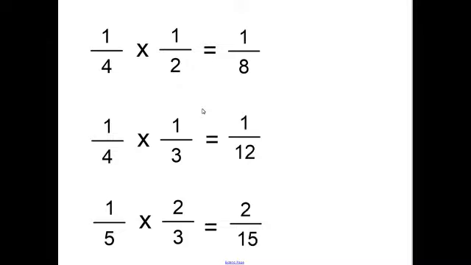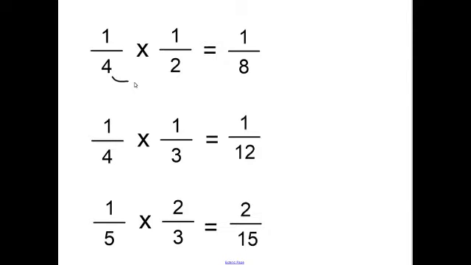So if we have a look at this first one, 1/4, 1/2 and 1/8, if we just look at the denominators involved, we've got 4, 2 and 8, and perhaps you can spot a method here. And if we go down to the next one, we've got 4, 3 and 12, then 5, 3 and 15. What we can do in this method is just multiply across.